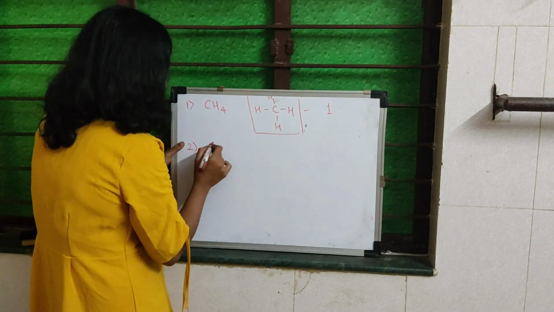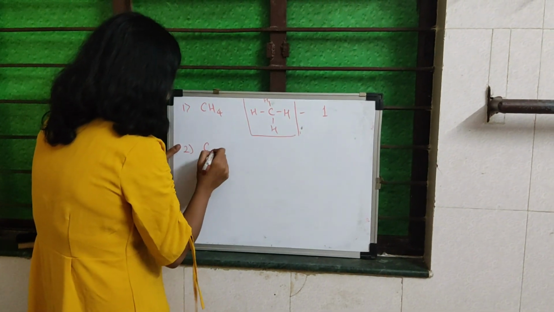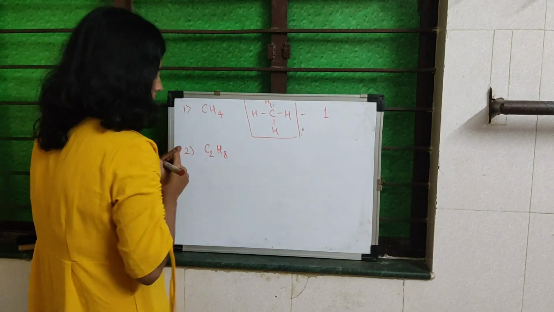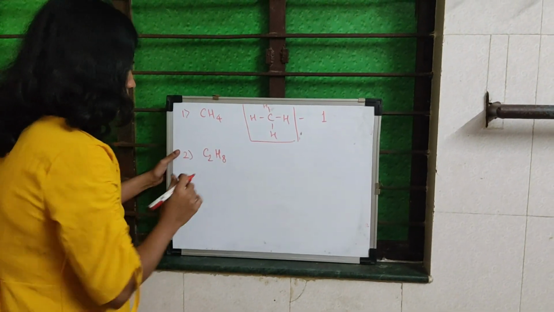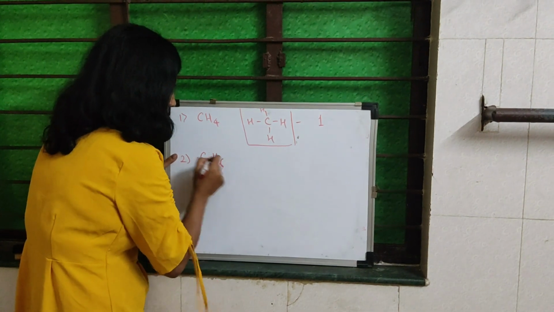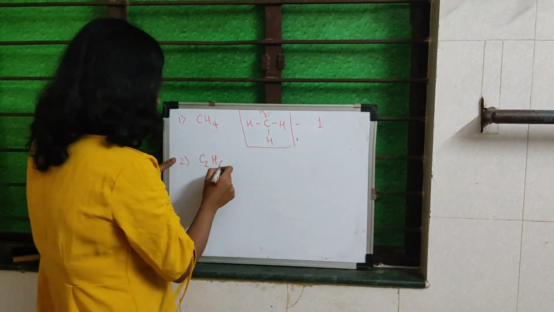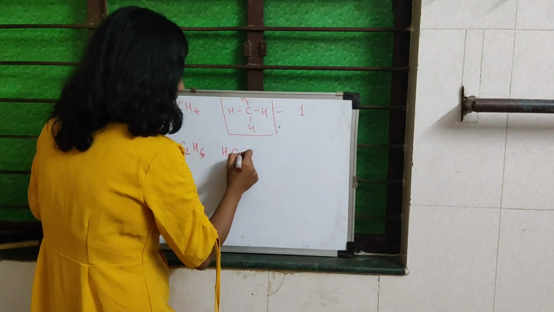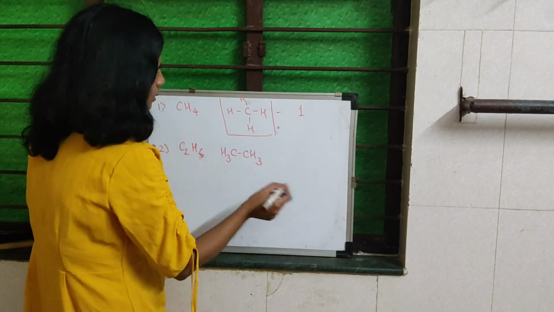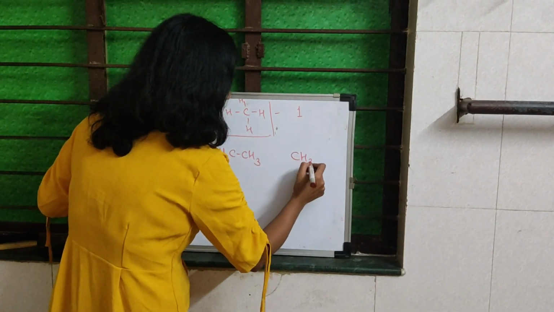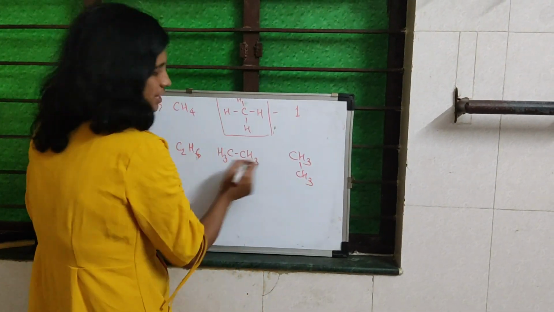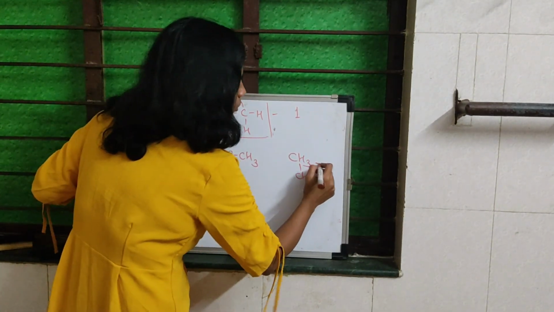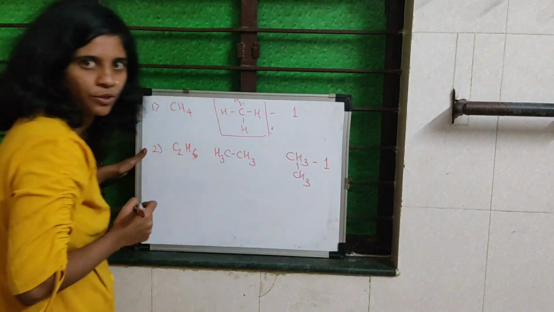Second one, that is ethane, C2H6. Written like this, CH3, CH3. Isn't it the same thing? So therefore ethane will also have one isomer.